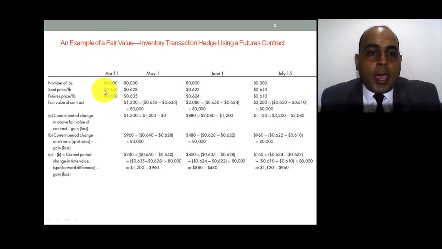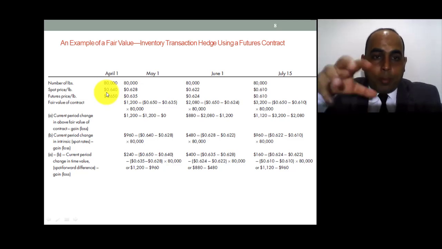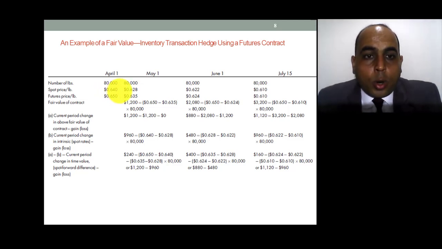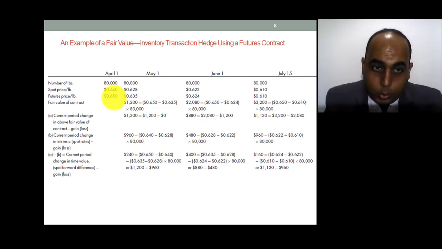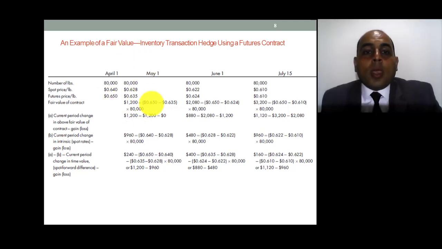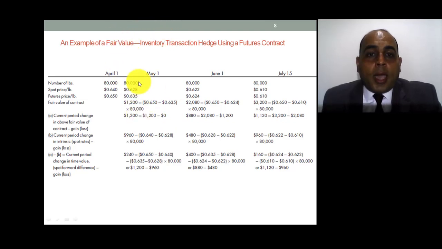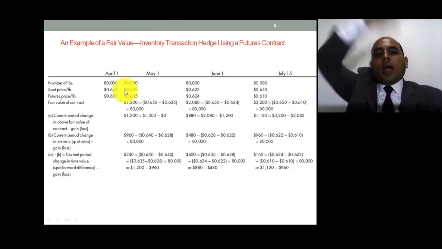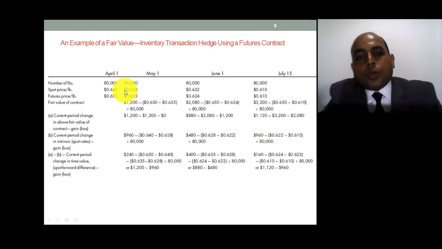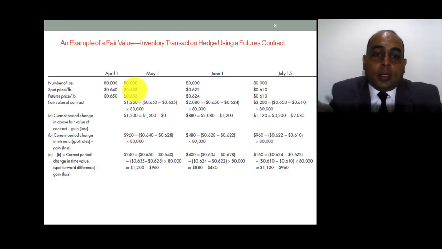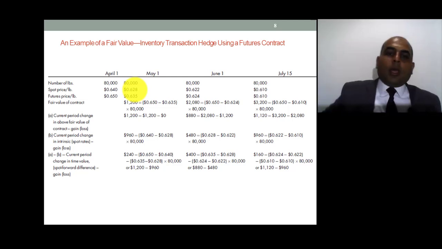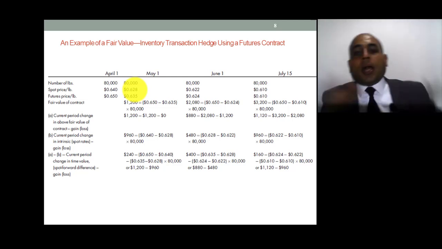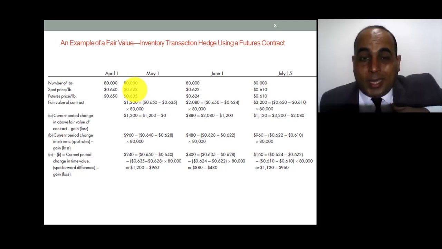Here the spot rate, the current rate on April 1st, is 0.64, and we hold this inventory. The spot rate on May 1st, after 1 month, has dropped to 0.628. We hold the inventory as an asset at 0.64, and the price has declined to 0.628.